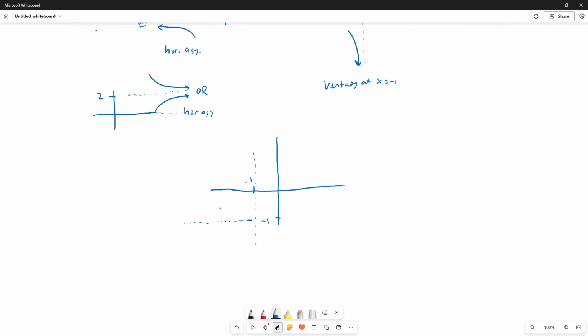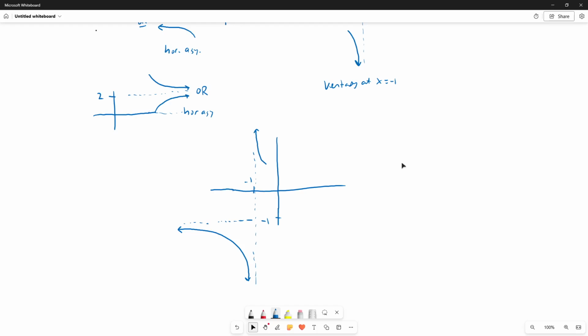So I think the best way to handle both of these asymptotes at once is probably to draw that. That has the horizontal asymptote at -1 and the vertical asymptote at -1 as x approaches from the left. Then we have a vertical asymptote on the right side of -1 as well.